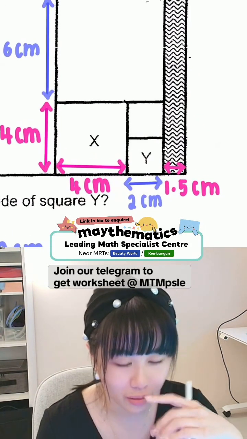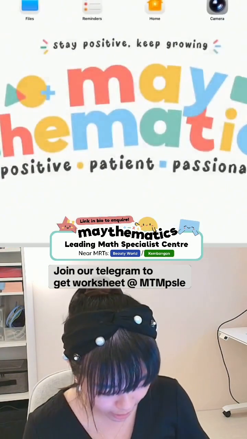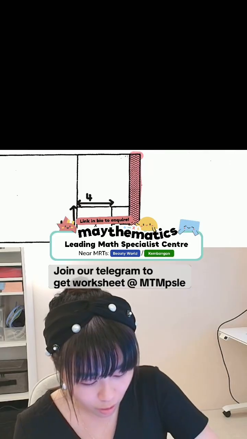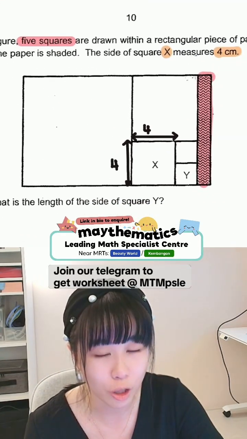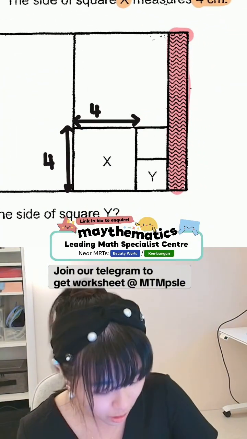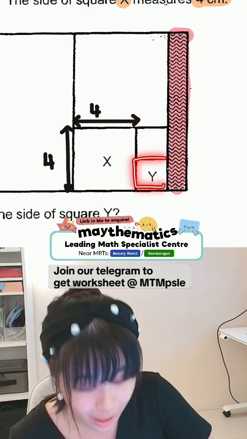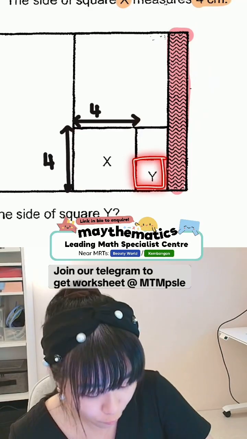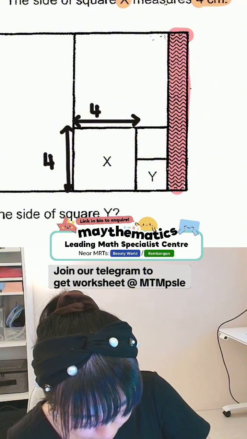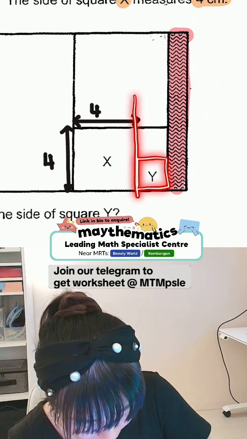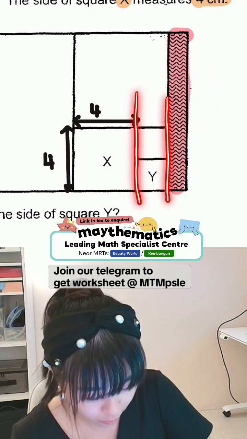How do we know that we can straight away divide by 2? You may assume it, but there is actually logic behind it. If this is a square, and this is a square, and then you have a small square stacked right beside it, you can see the vertical part is the same for this and this.